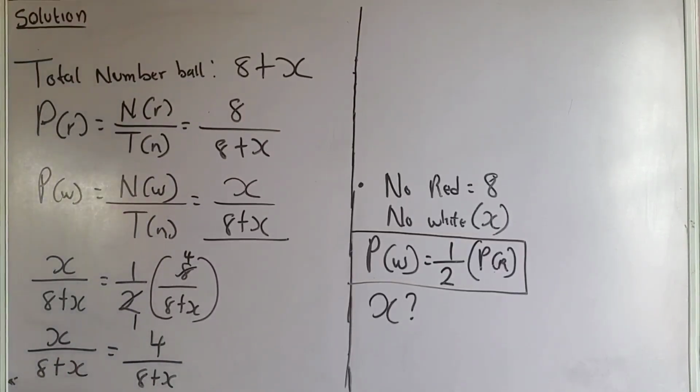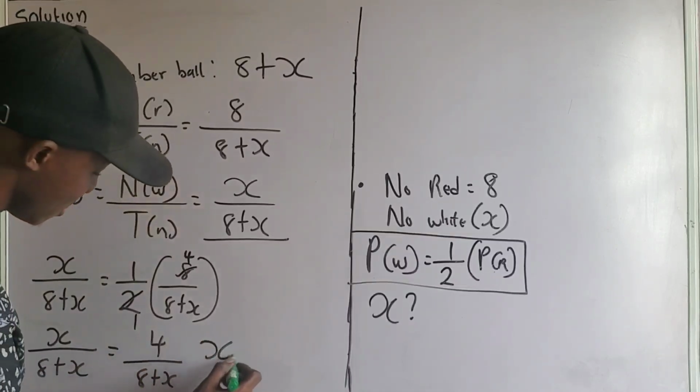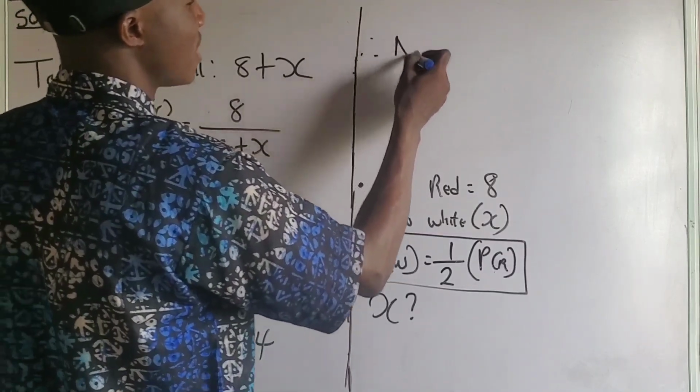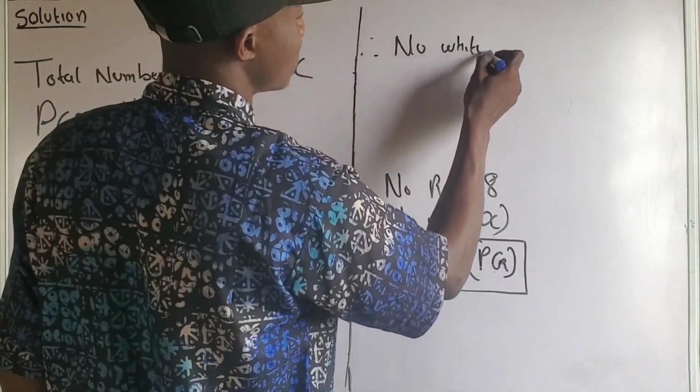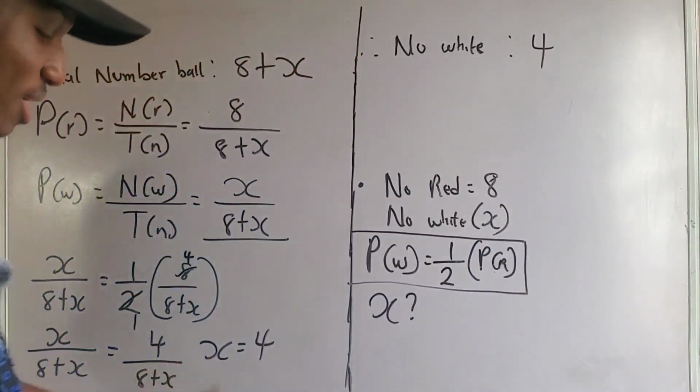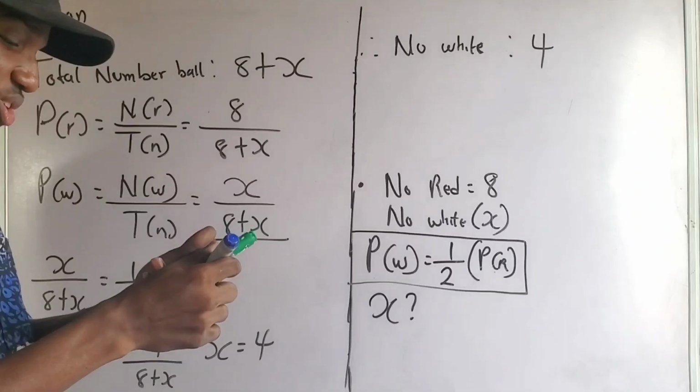If you compare both sides of the equation, the denominators are the same, which means the numerators are the same. So x equals 4. Therefore, the number of white balls present inside the basket is 4. So that is the solution to that question.